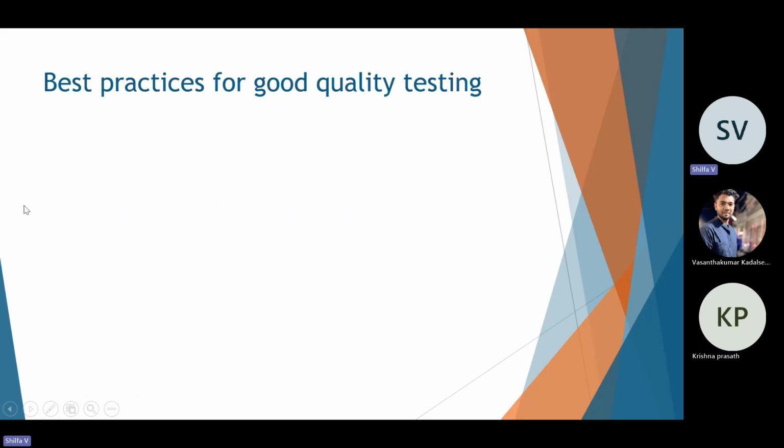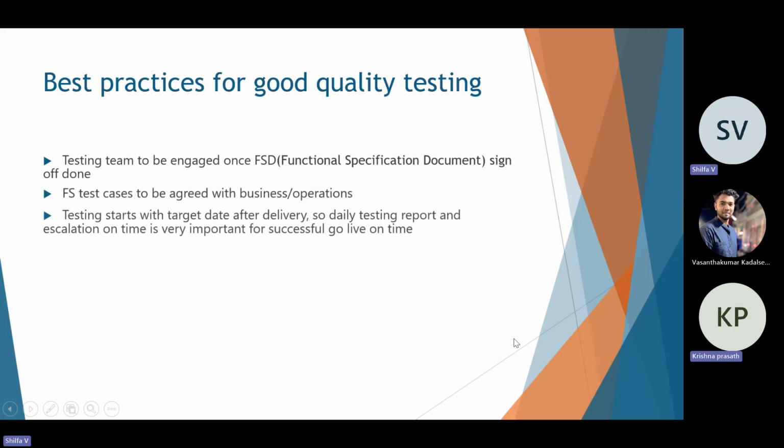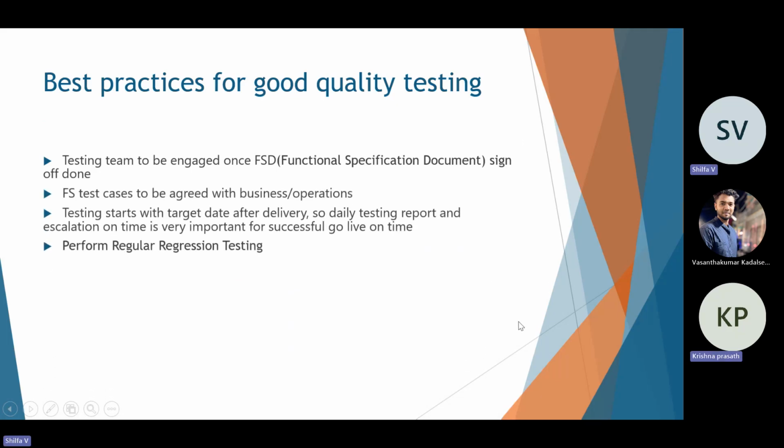This is the final slide you are going to see, the basic practices of good quality testing. Testing will start once the FSD or BRD sign off is done. FSD is the functional specification document and BRD is the business requirement document. Once sign off is done, the testing team needs to be engaged.